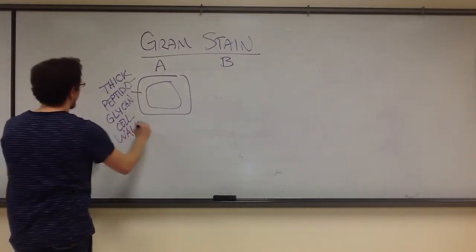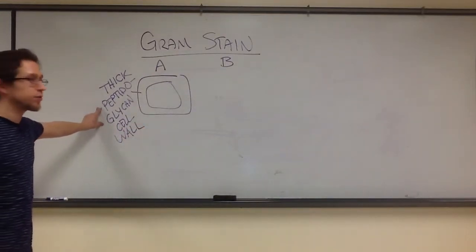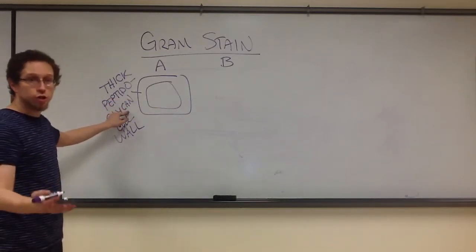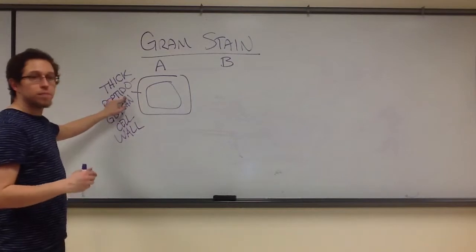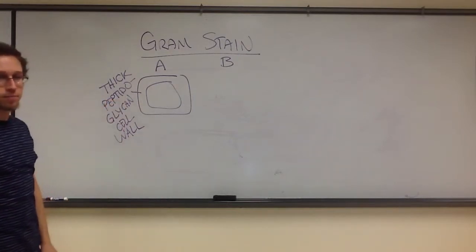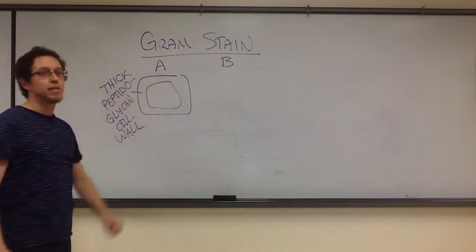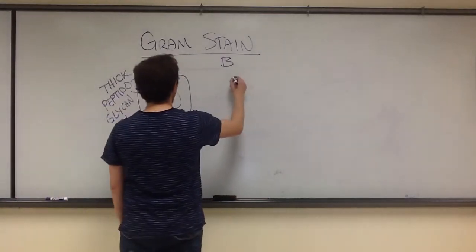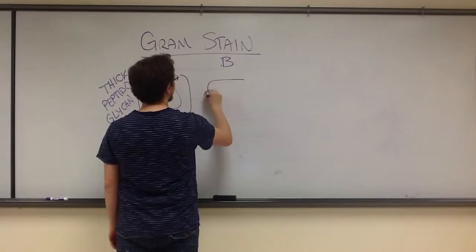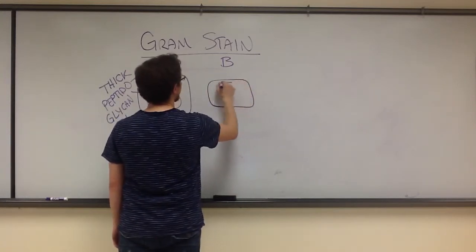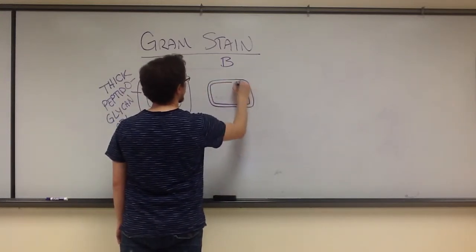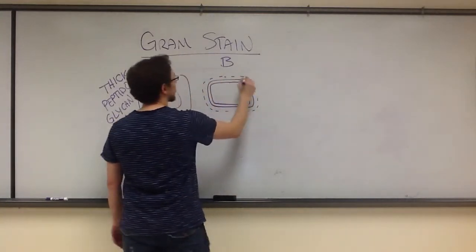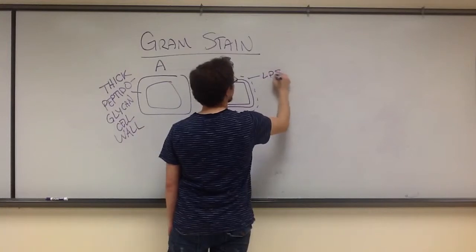If you think about what that word peptidoglycan sounds like, it sounds like peptide and glycan. Glycan means sugar, peptide means protein. So this has a very thick peptidoglycan cell wall, while cell type B has a moderately thin peptidoglycan cell wall, but it has an outer layer or structure called the LPS.